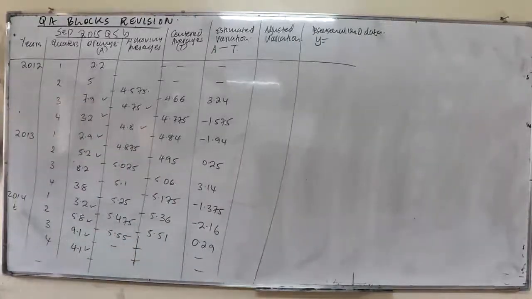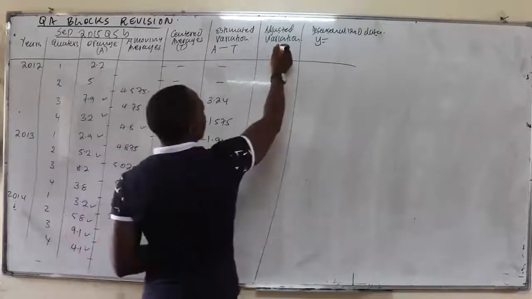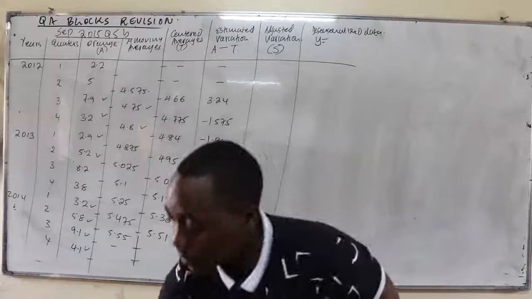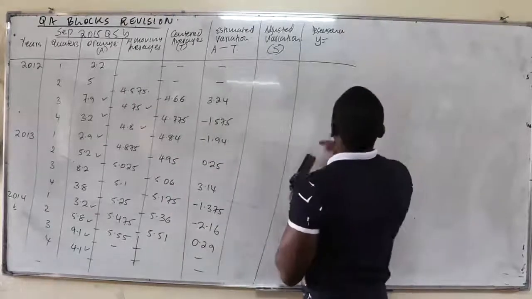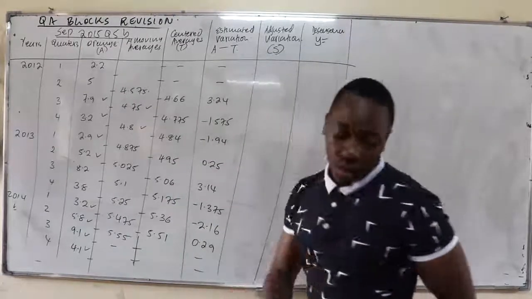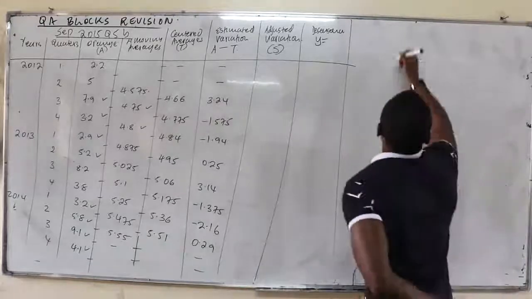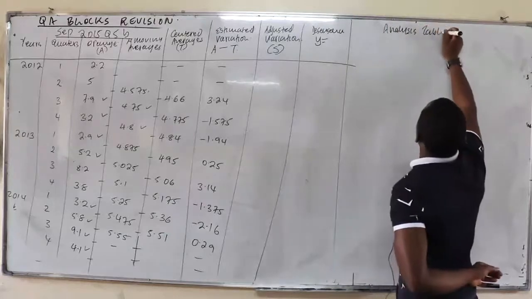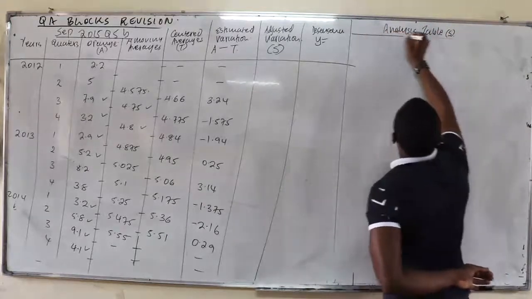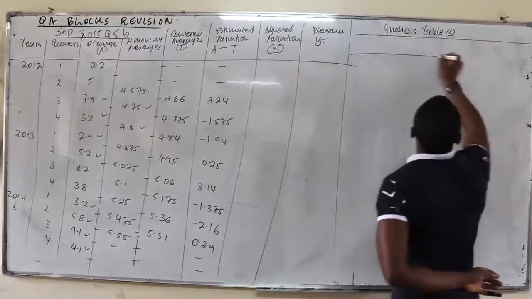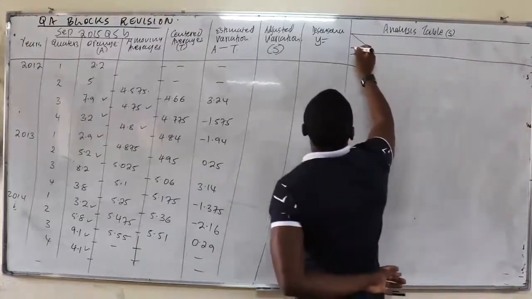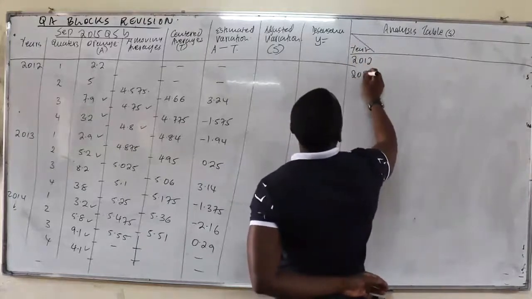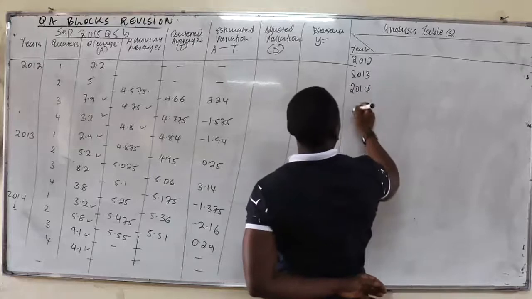Then let's get the adjusted variation, which is our seasonal variations. That's our S. How do we get our S? To get our S, you come up with an analysis table. So we have your years, 2012, 2013, 2014.